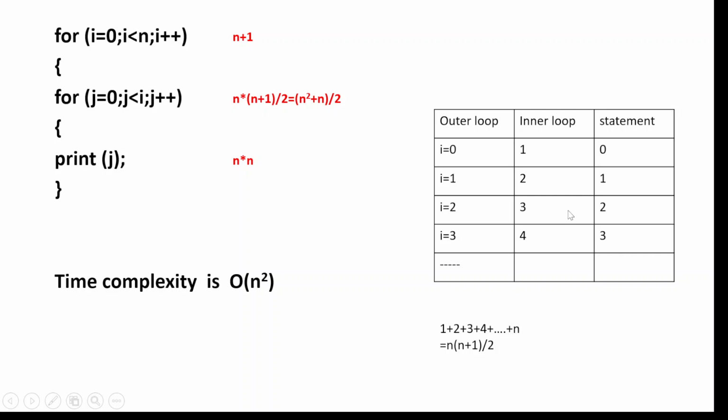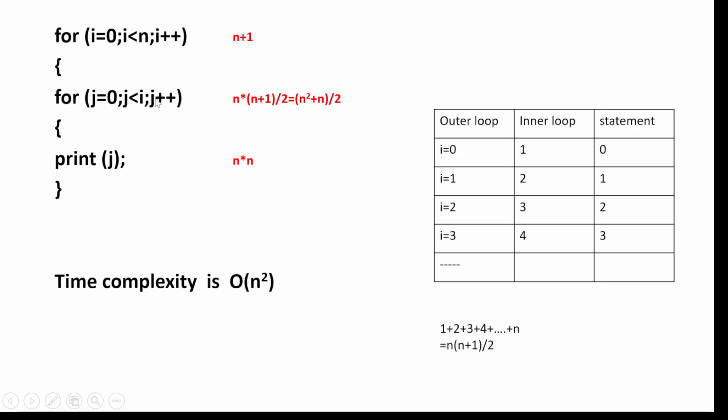Here for i equal to 0, the inner for loop will get executed one time because the value of i is 0. Assume n is 5. So i is 0, and 0 is less than 5, so it comes into the inner for loop. Now j is 0, and it checks the condition j less than i. j is not less than i, but this statement is getting executed once for the condition check.